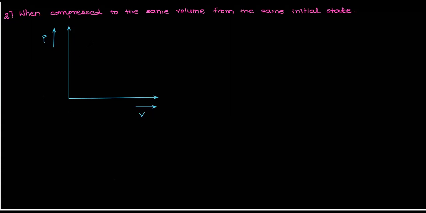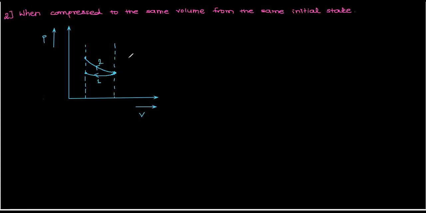So if we plot the graphs, first I am drawing these dotted lines. Okay. This is 1 and this is 2.